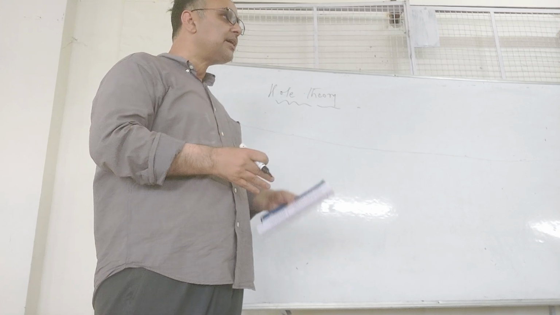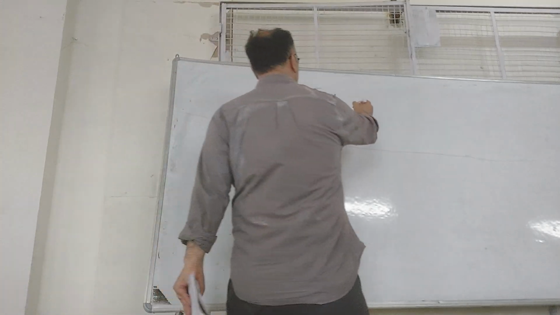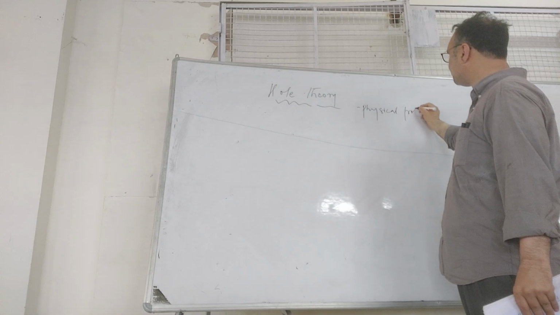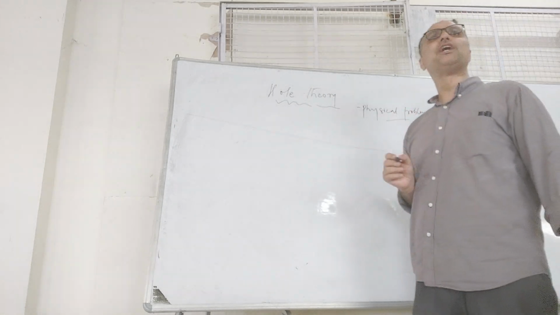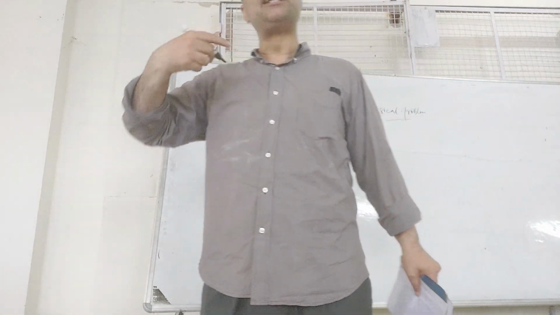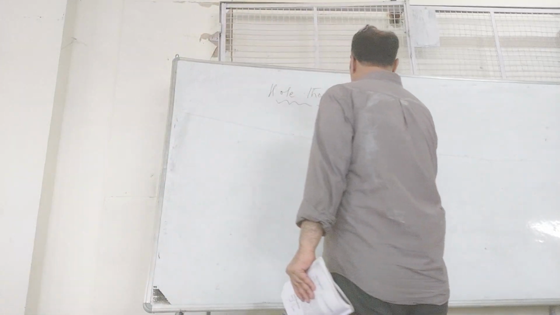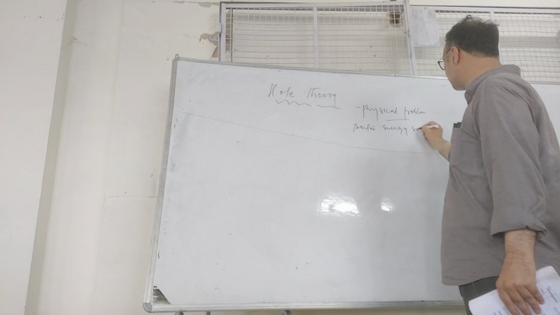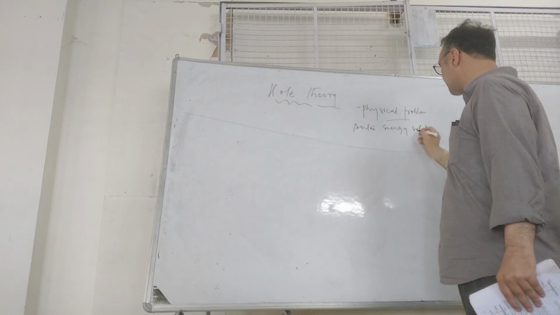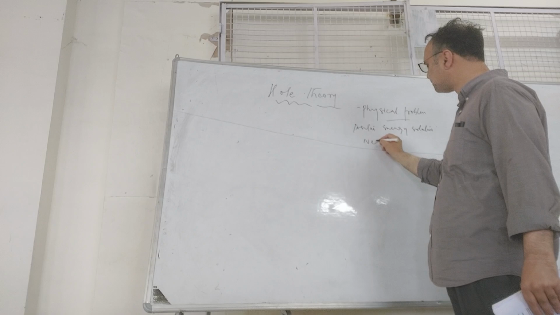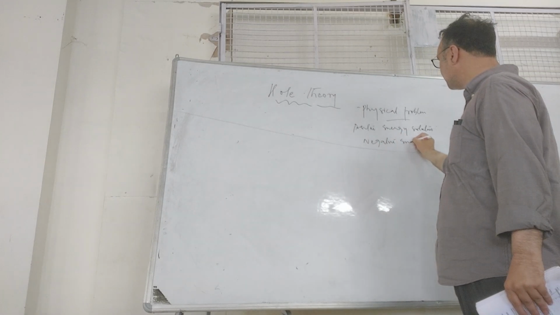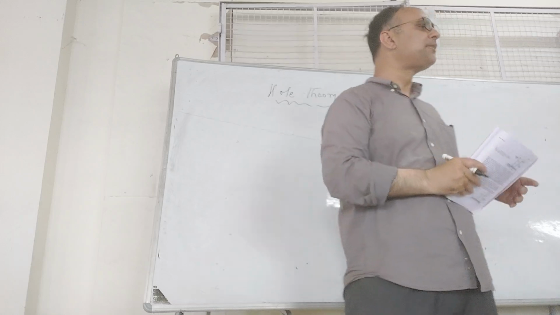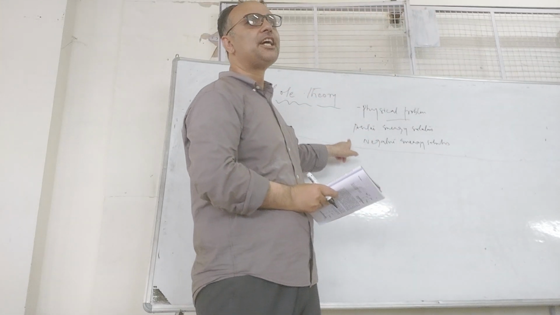Now there is some physical problem. The physical problem we have is this: if there are positive energy solutions, and there are negative energy solutions, then the positive energy solutions will have their own field, and so will the negative energy solutions.